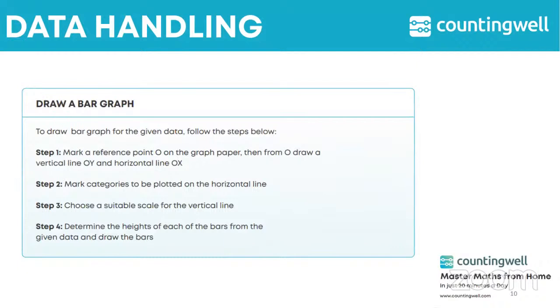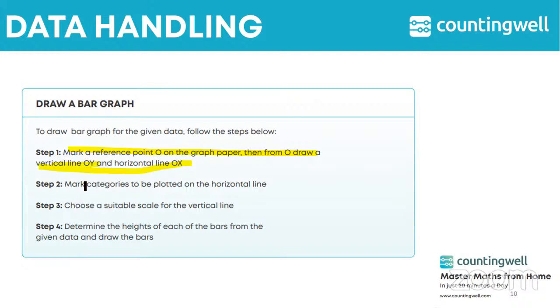Now, let us see what are the steps involved while drawing a bar graph. First, we have to mark a reference point O on the graph paper. Then from O, we draw two lines or two axes, which are the vertical axis and the horizontal axis. The horizontal axis is named as horizontal line OX, and the vertical axis is named as vertical line OY.